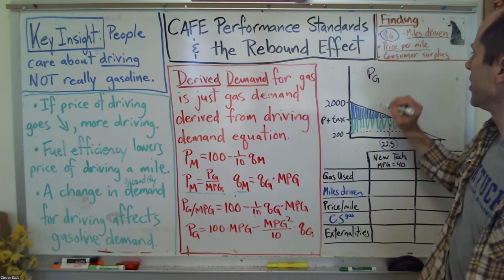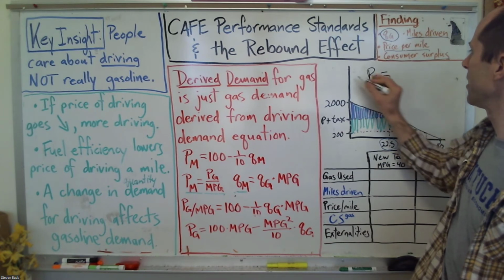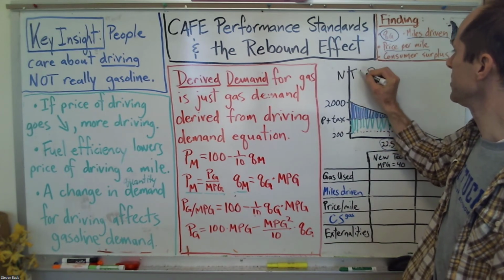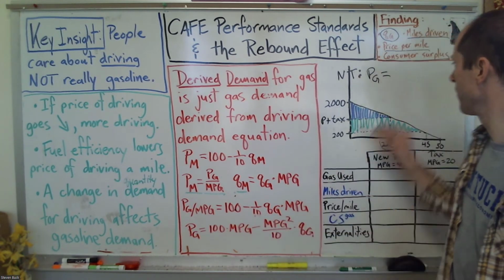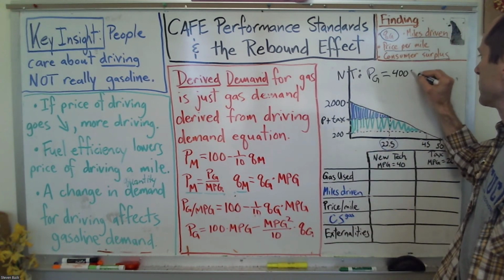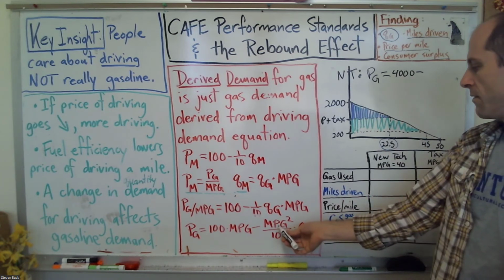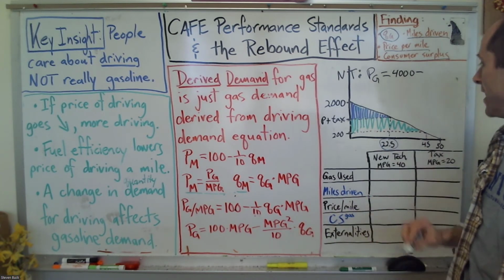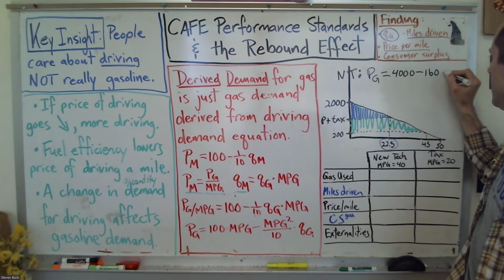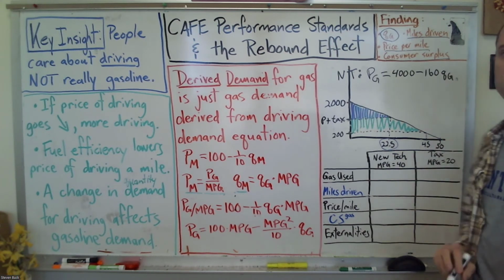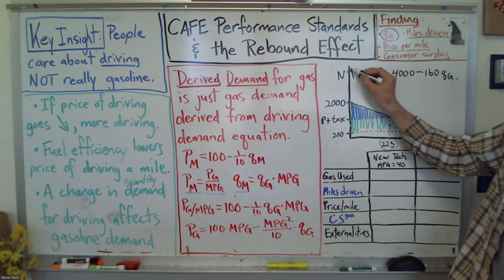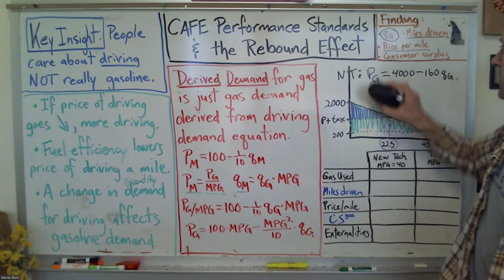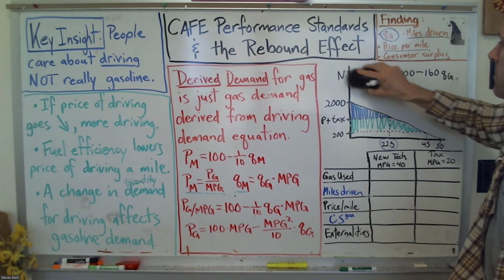Well, our demand equation under the new technology is going to be PG equals 100 times 40, so that's 4,000, minus 40 squared divided by 10, that's going to be 160 times QG. So let's depict this demand curve. So now the y-intercept is going to be up here.